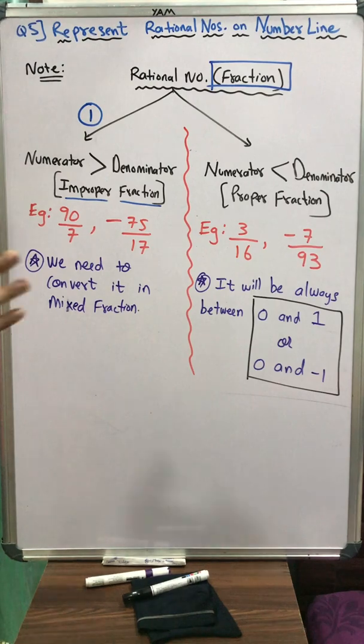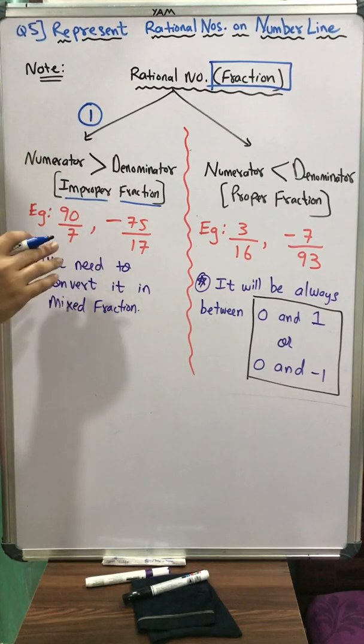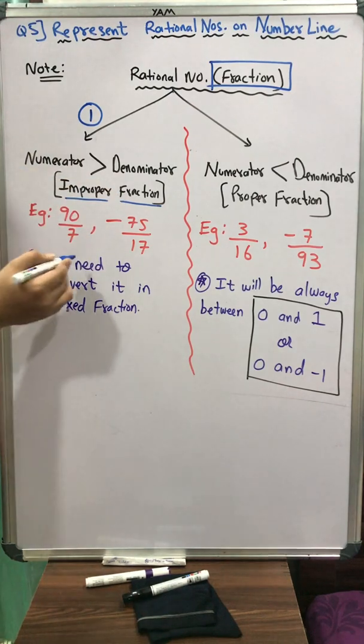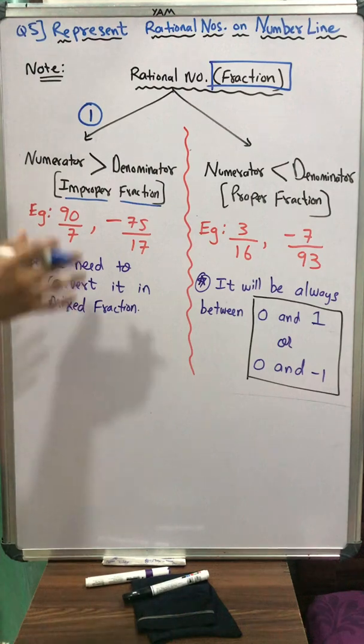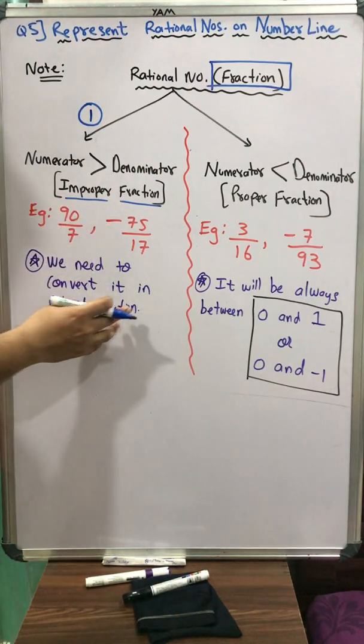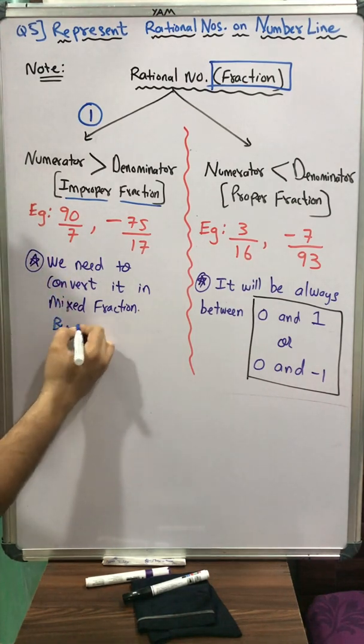But the key point is whenever numerator is big and denominator is small, at that time we need to convert it in mixed fraction. How do we convert into mixed fraction form? By division.